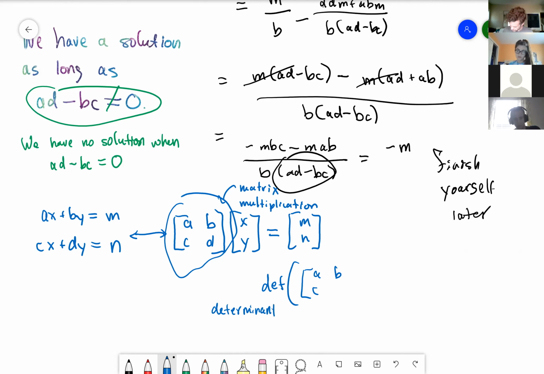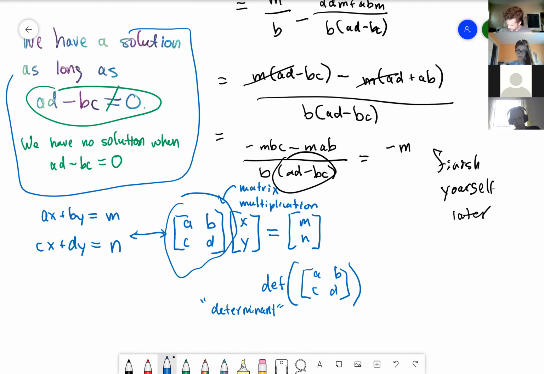The reason is that it determines completely whether or not we have a solution. In the 2x2 matrix case, the determinant is just equal to ad minus bc, and we want this to be not equal to 0.